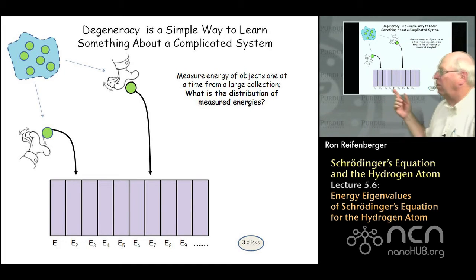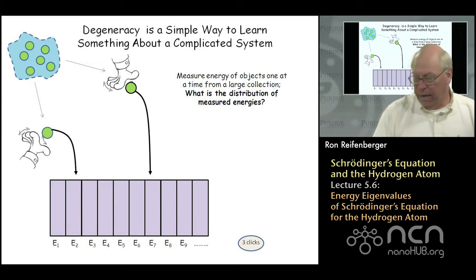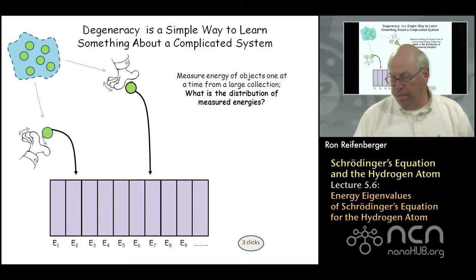And depending on what energy it has, you put that atom in a bin, for different energies, different energy eigenvalues. So we know the energy eigenvalues are E1, E2, E3, E4. Each time we pick a hydrogen atom out, we measure its energy somehow, and then we sort that hydrogen atom into the appropriate bin.